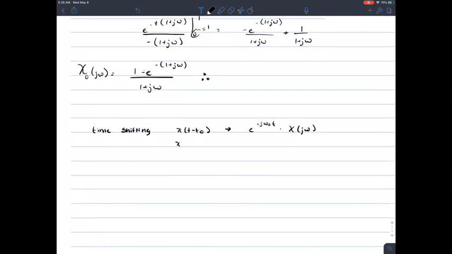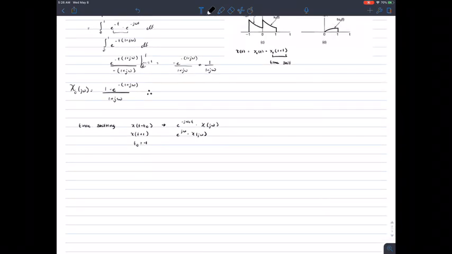Okay, so x of t plus 1, so t naught must equal negative 1. Then you plug in negative 1 to this, it's going to be e to the j omega times x of j omega.